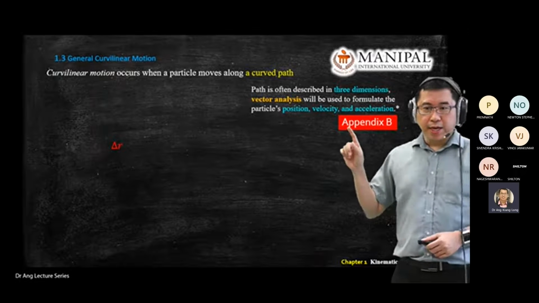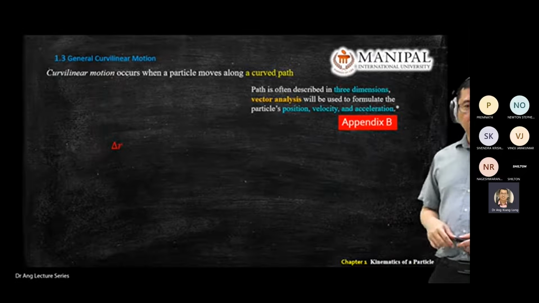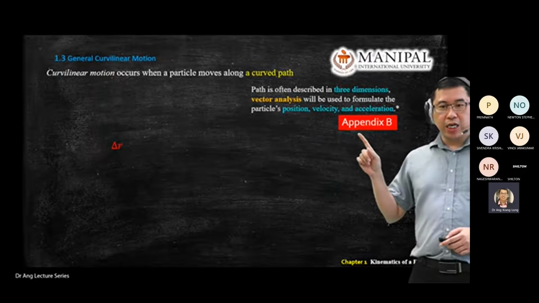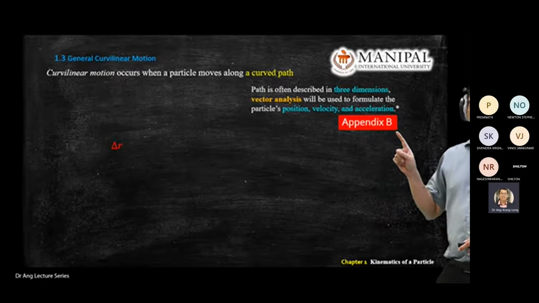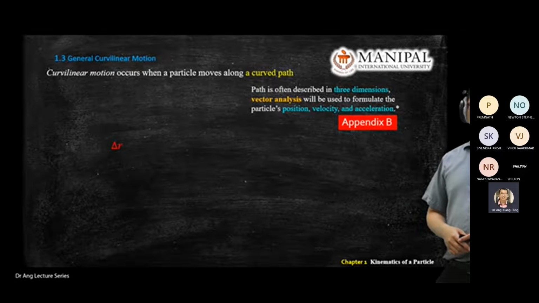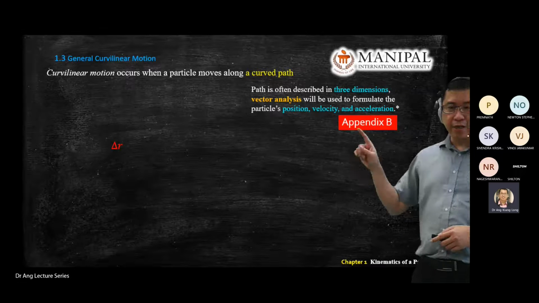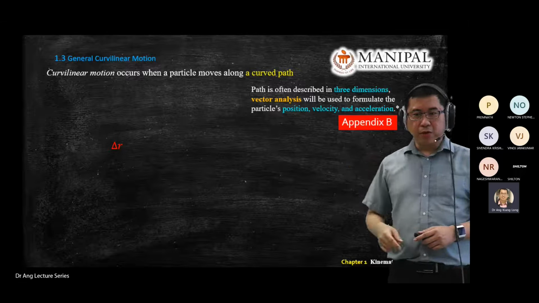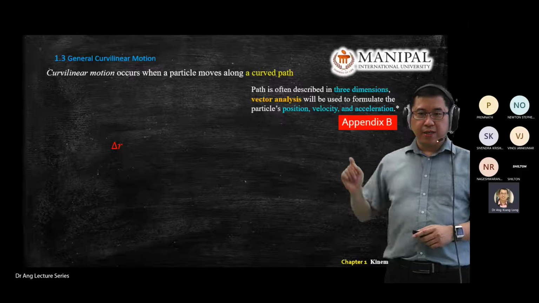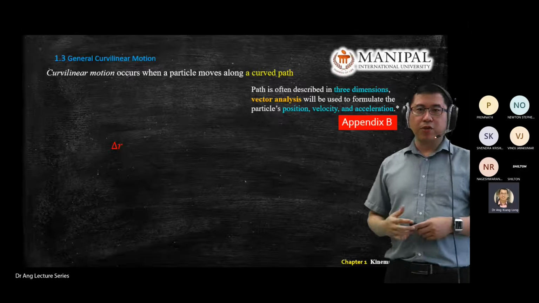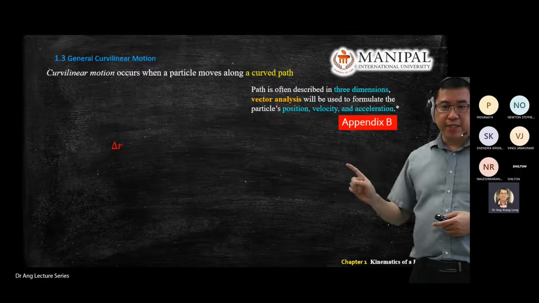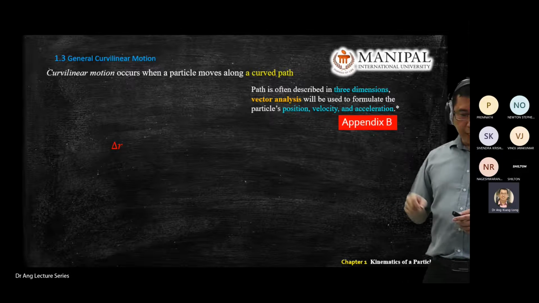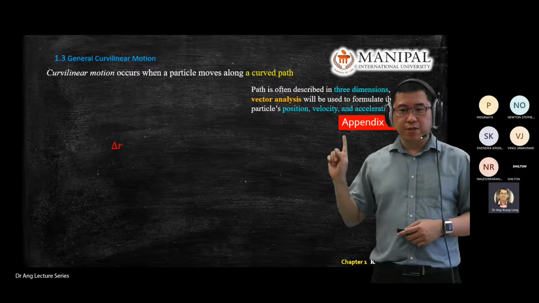The derivation of the equations that we'll use, I will give you in Appendix B, where you can read more on vectors. What happens if you have two vectors and you want to find the resultant, the derivation steps for vector analysis, I will give you in Appendix B. I will upload it in the Teams folder.